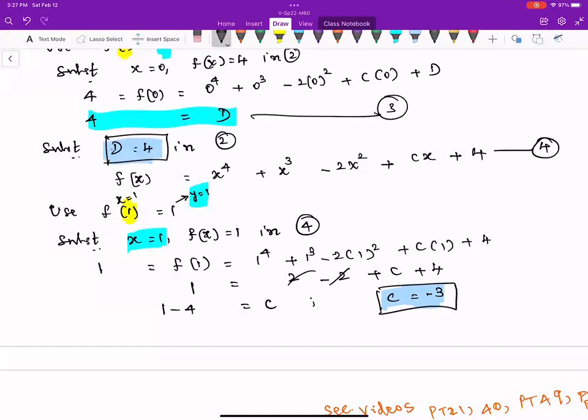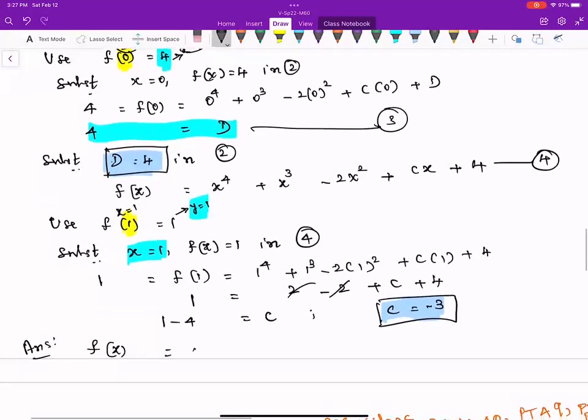So the question is to find f of x, right? The answer f of x will be equal to x to the power 4 plus x cube minus 2x square plus cx, c is replaced by negative 3, plus 4. This is from 4. We only plugged in the values of c and d here.